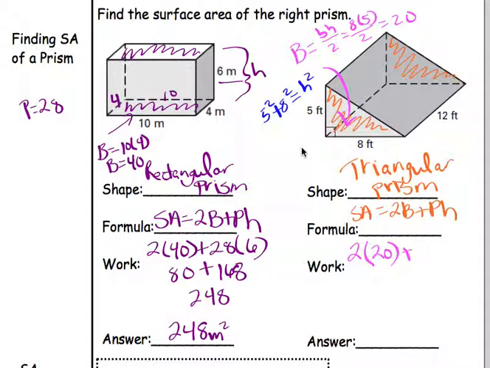Let me see. 25 and 64 is 89. So I need the square root of 89 here. So let me figure out what that is.